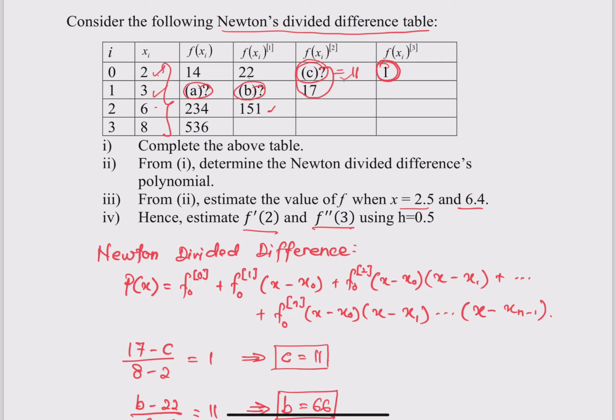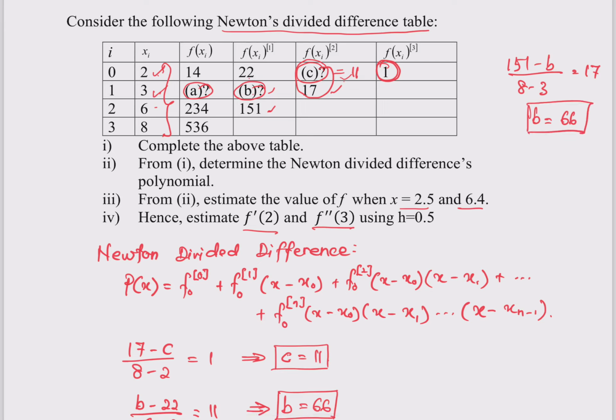This value 151 minus b divided by 8 minus 3 is equal to 17. And if you do this simple algebra, you will get b also is equal to 66.